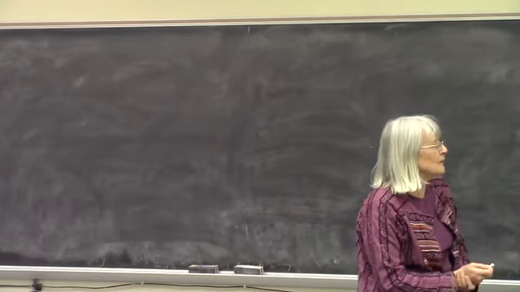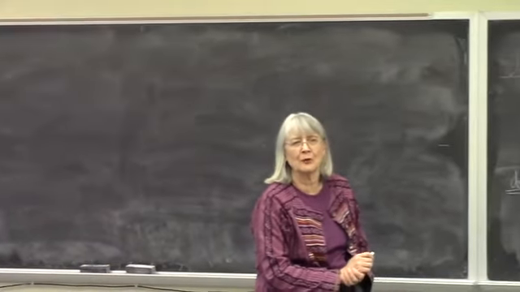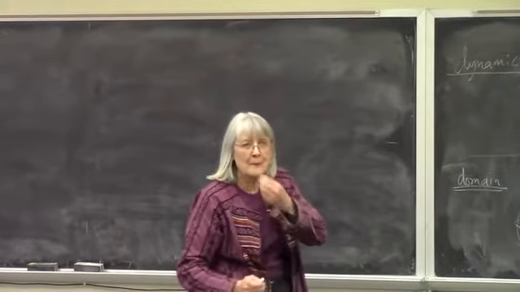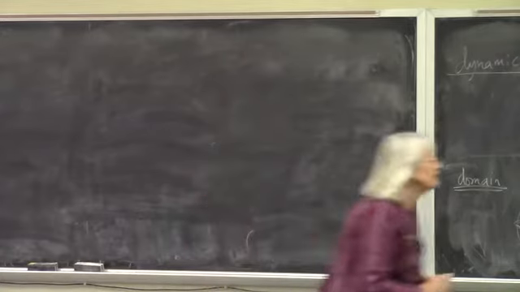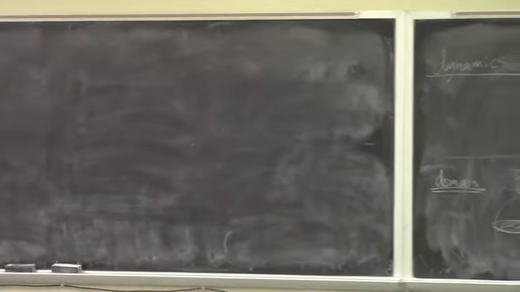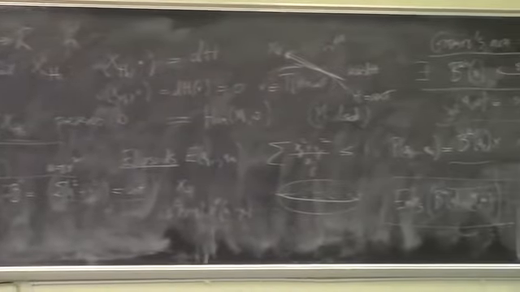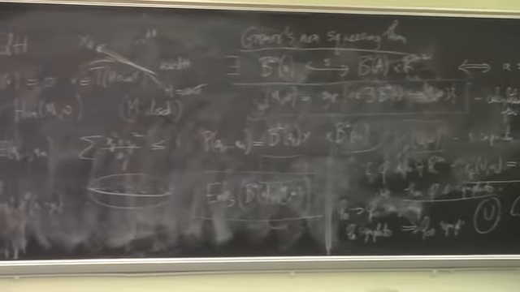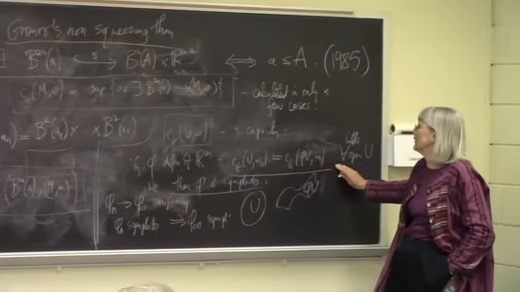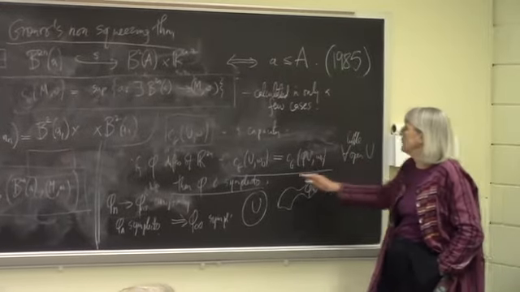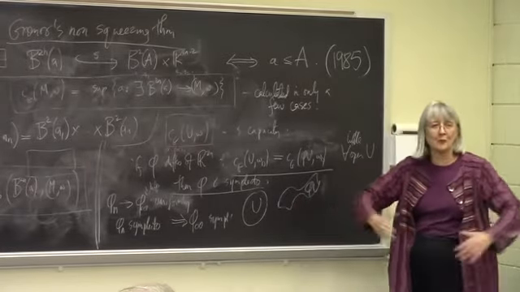Yeah, I mean, you can ask whether it's true just on balls, and then for all balls. Well, what you really want to know is that you really need to have a class which is invariant under rescaling. It's sort of homothety.